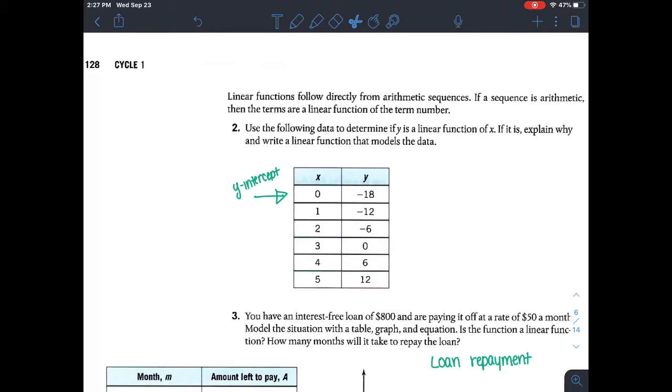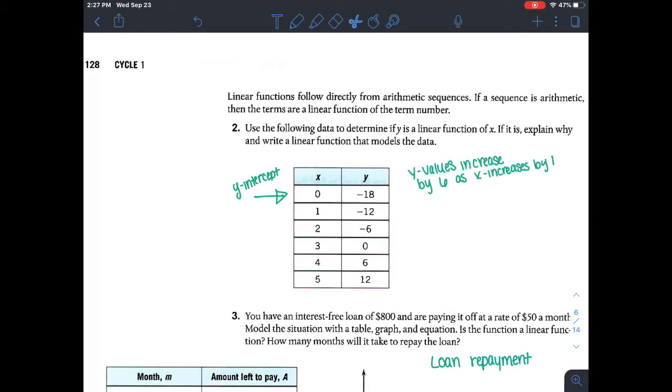So we have the y-intercept when x equals 0, y equals -18. That's my y-intercept. And then we need to figure out if there's a consistent rate of change to be our slope. From -18 to -12 is plus 6, -12 to -6 plus 6. Plus 6, plus 6, plus 6. So my slope is plus 6.